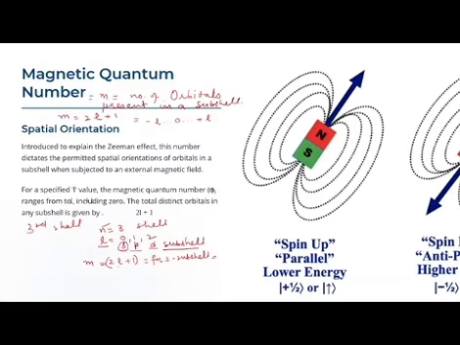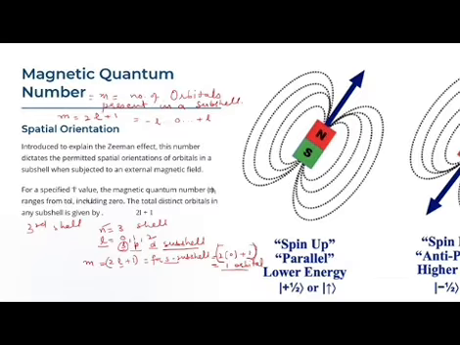You can see the value of L for the S subshell is 0. So 2 into 0 plus 1, right? So it becomes 1. It means 1 orbital, the value of M is 1 here in case of the S subshell. So it means the S subshell has 1 orbital.